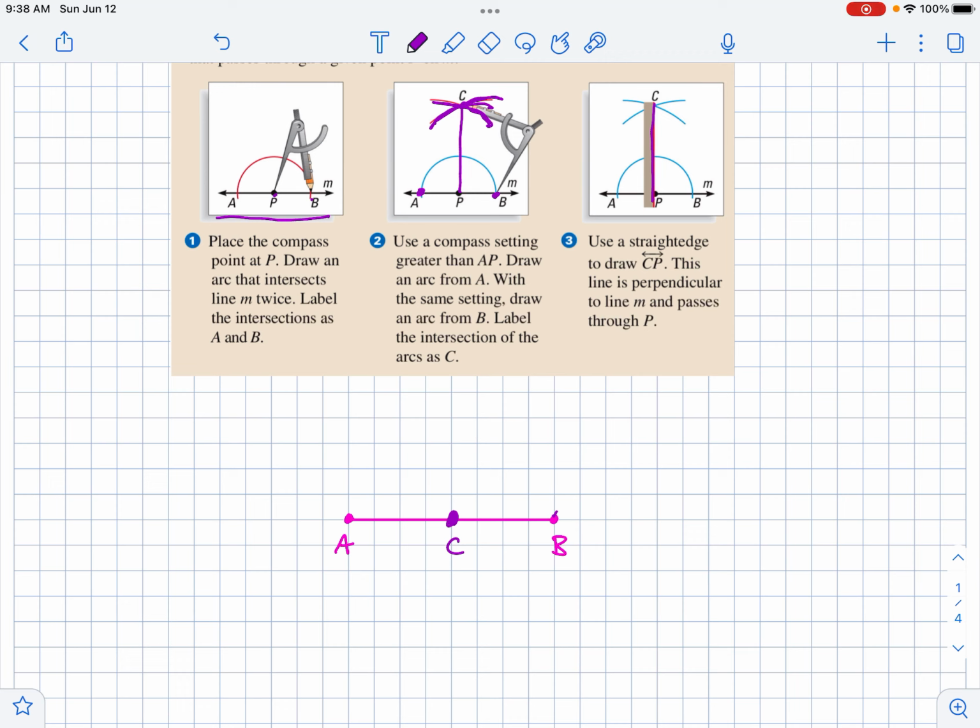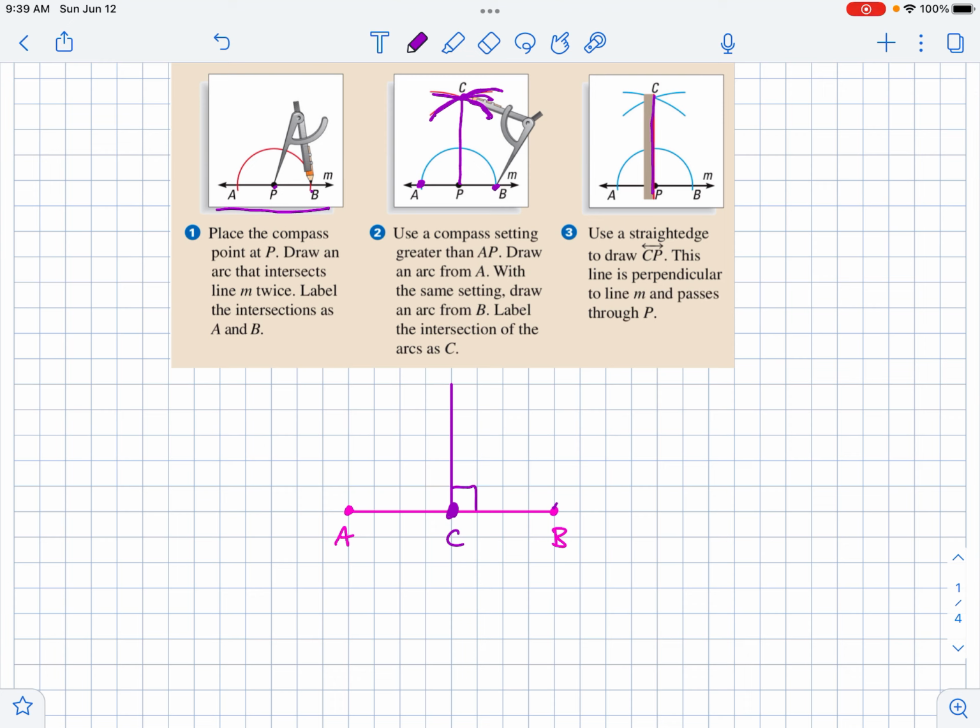So let me just take a minute and draw something, and we'll call it a perpendicular bisector. Okay. There's a perpendicular bisector, and notice it is perpendicular, so that line is perpendicular to AB. Now, I want to do this.